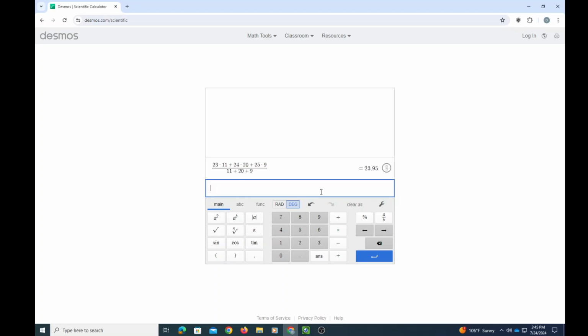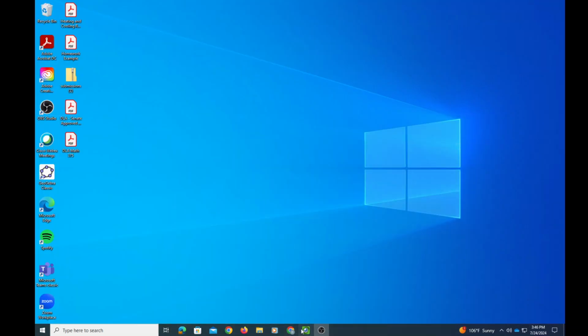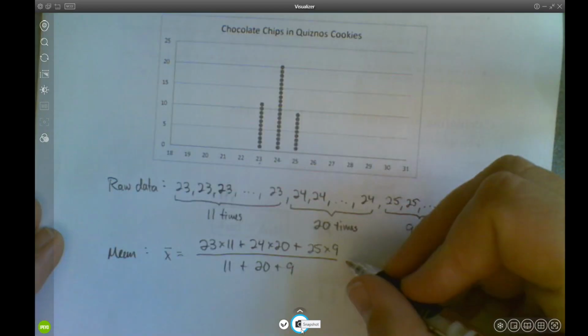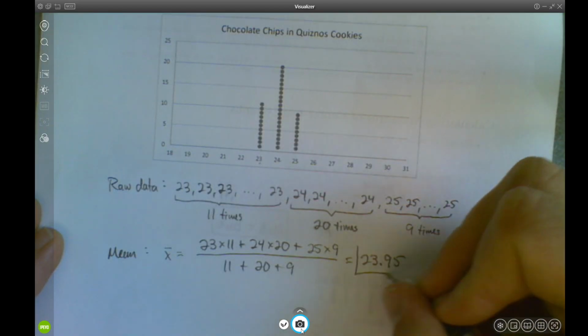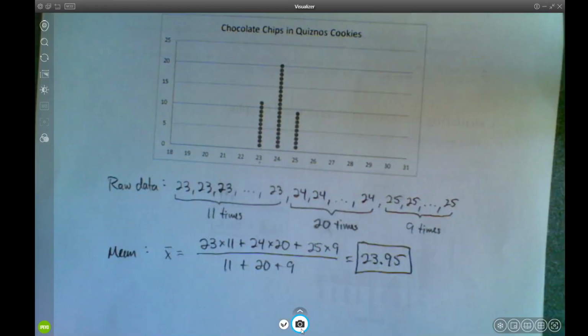And there we go, we get 23.95. So that's how we would compute a mean from a graph like this.